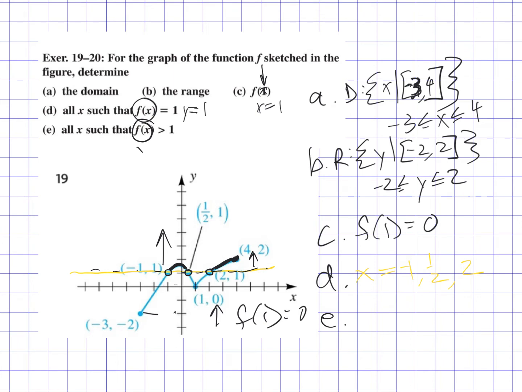When y is greater than 1, find all the x values. Since it's a shaded region, we're going to use interval notation. From -1 to 1, and those are going to be parentheses, then from 2, make sure you use the right numbers, all the way to 4, and 4 is included. Those are the x values above the yellow line. We need to make sure we understand all of this stuff. Okay, let's go on.